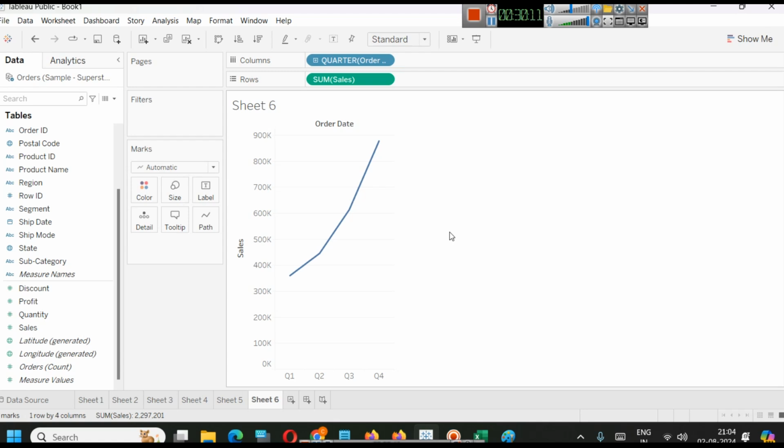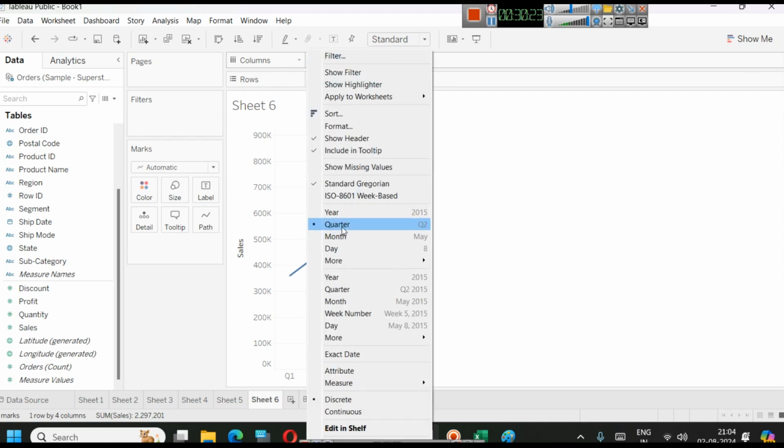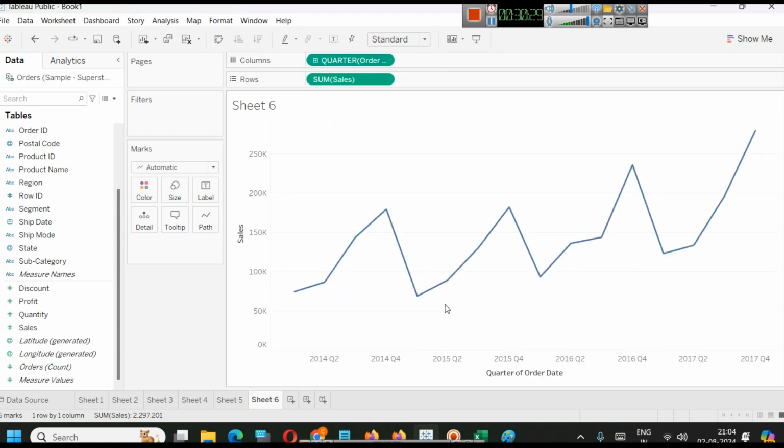So if we just have to see which quarter performs well, we can use this blue graph, quarter as a dimension. But if we have to see which quarter in which year performed best for us, then we will select quarter as a measure.